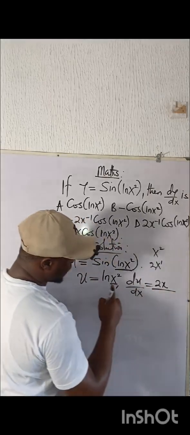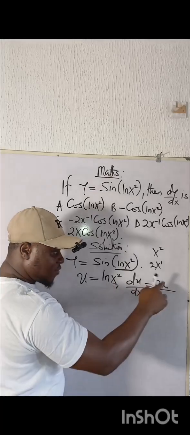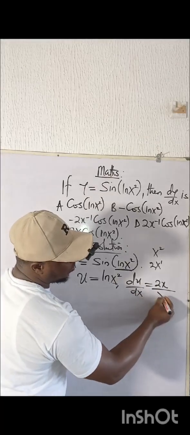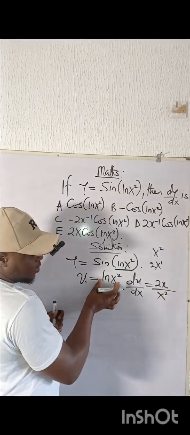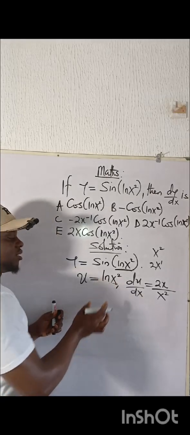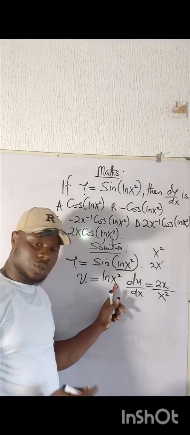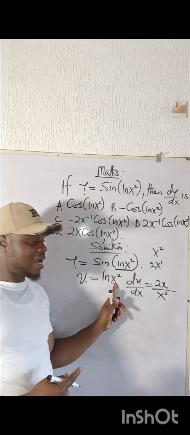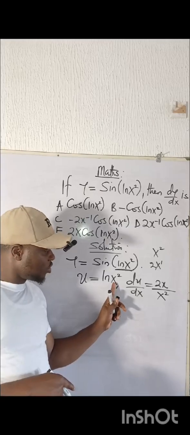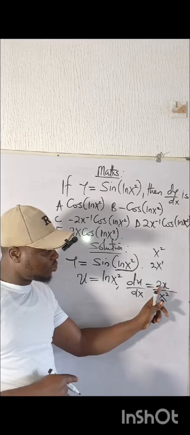Then divide whatever you have there by this function, which is x squared. That is du/dx. I say it again: whenever you want to differentiate this, bring out the function of x you have there, differentiate it, and divide it by that function. When we differentiated this, we get 2x.